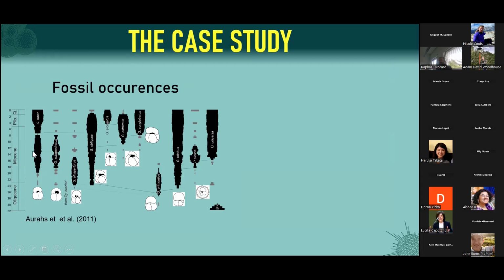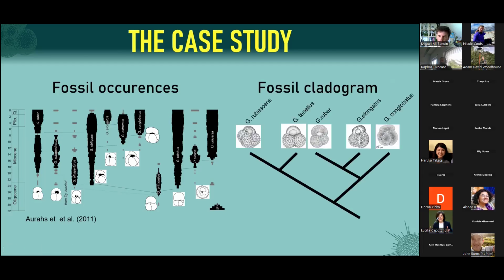The black occurrences are those that are solid, and it gives you an appreciation of the relative abundance of these different morphs in the fossil record. And the lines connecting the different taxa are the interpretation of the fossil record to give the fossil phylogeny that is summarized here.